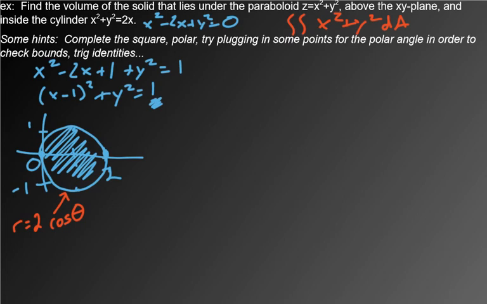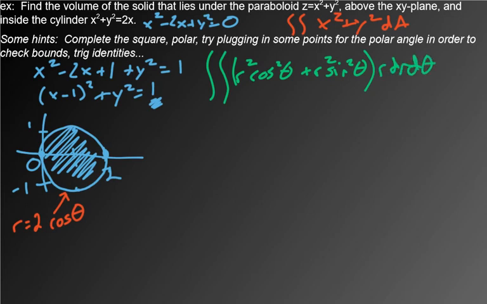So I'm going to start plugging things in here. In polar, x is r cos theta, so we're going to have r squared cos squared theta, and then y is r sine theta, so we're going to have r squared sine squared theta, and that's this x squared plus y squared, and then dA is r dr d theta.